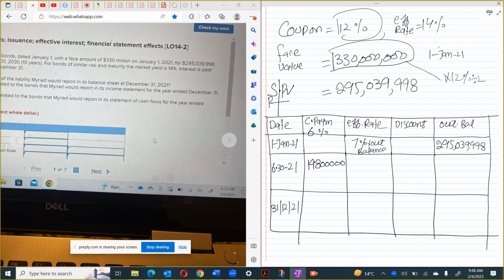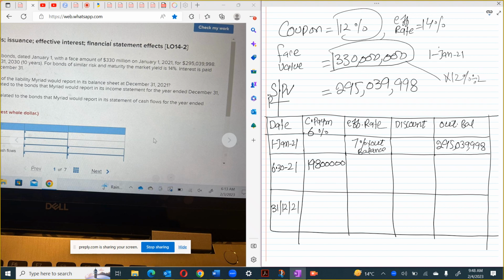Okay, what I will do, I will check my work. Okay, correct. Why is it 10? How is it possible that the present value of interest is wrong but the total answer is correct? I don't know.